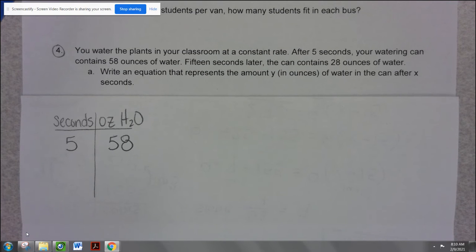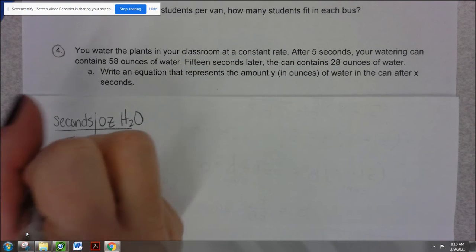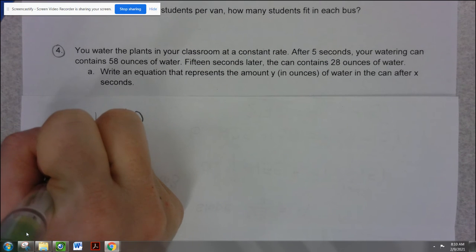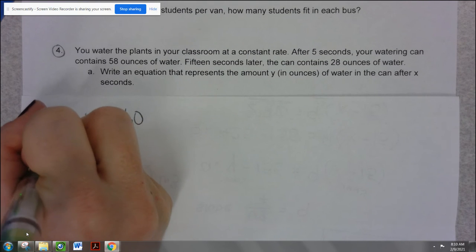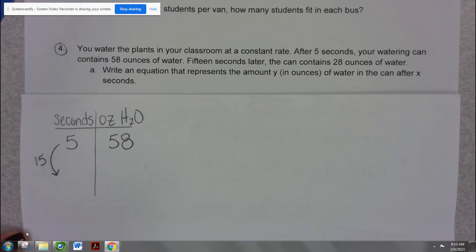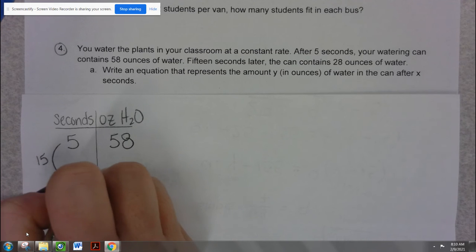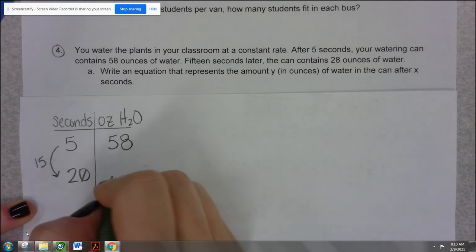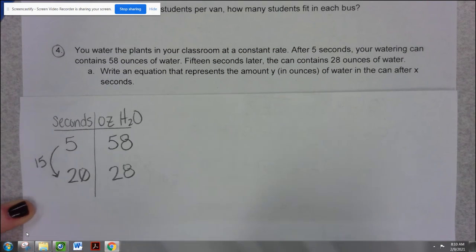Now this says 15 seconds later. That means 15 seconds have gone by from the 5 seconds that I've just had. So this is actually 20 seconds and 28 ounces of water.